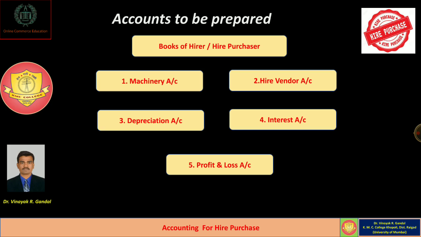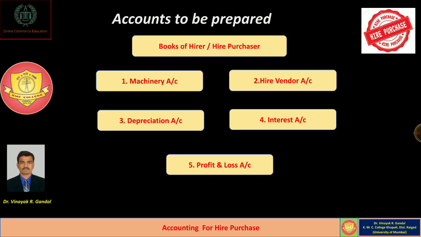Hire vendor account is to be prepared to record the transactions that took place between hirer and hire vendor, that is, amount of installment due, amount of interest due, or installment paid is to be recorded in the books properly.